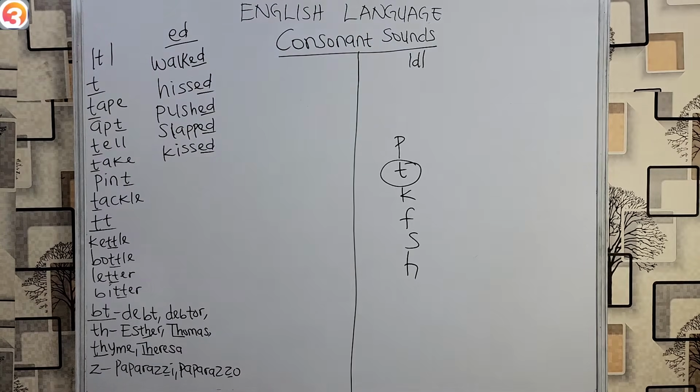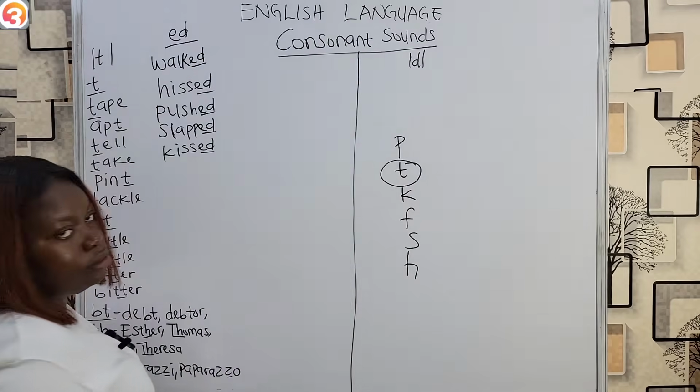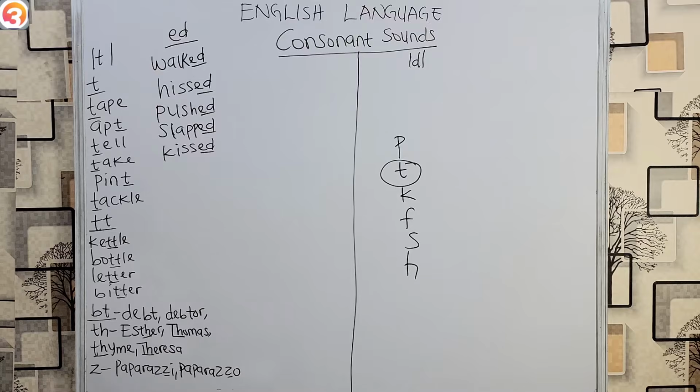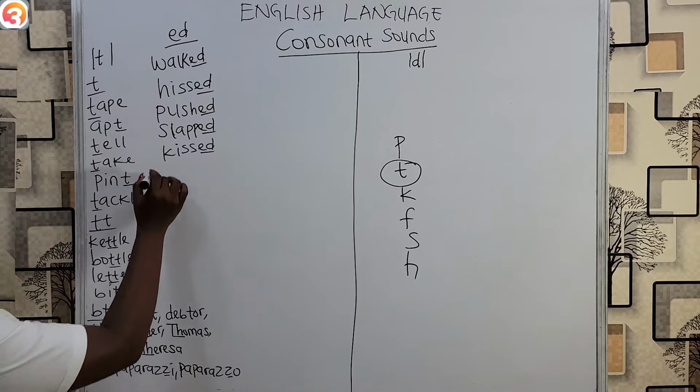So take note when pronouncing voiceless consonants except T. Consonant T is also a voiceless consonant sound. So let's look at cases where T is silent.